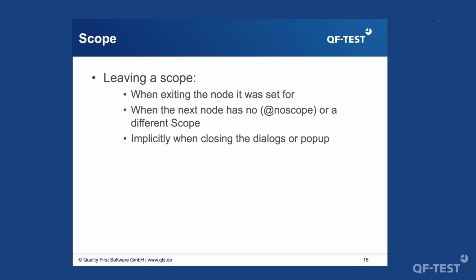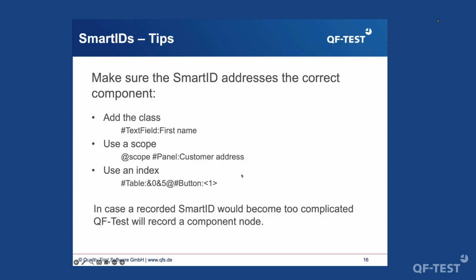Then you can simply set a no scope, and then QF-test is finding the elements in there. So let's go to the next one. This I will show you in the demo itself.